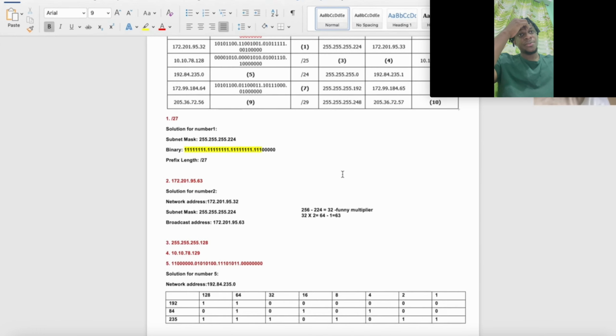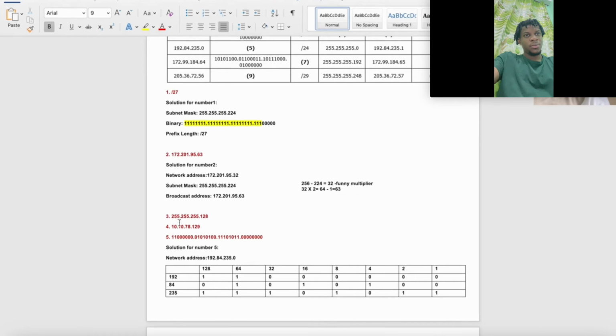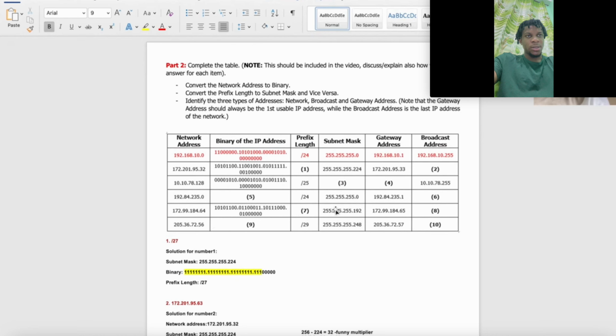Number 3. The broadcast address is 10.10.78.255, while the network address is 10.10.78.128.